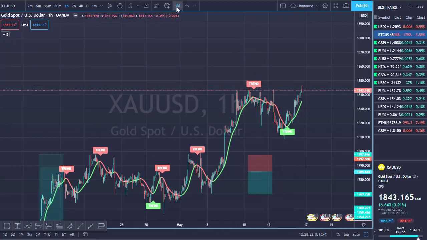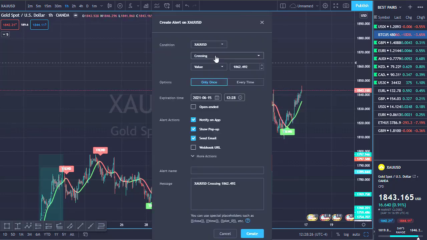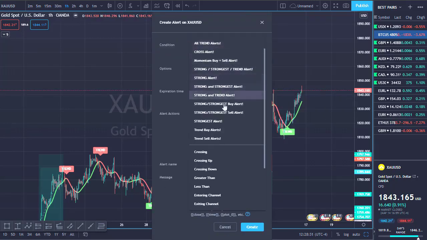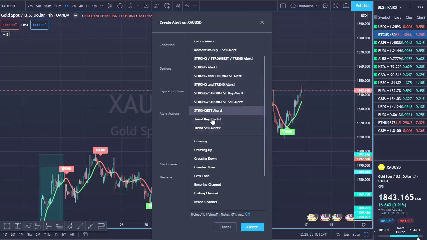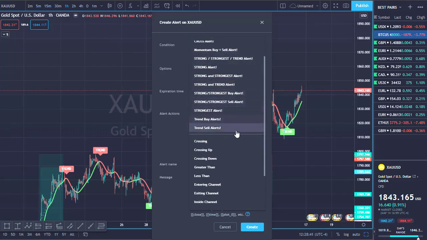And by the way, you can actually set alerts. So if I want an alert, I just go add alert, and I say PulseX Premium, and I just select, let's see, where is it? Well, there's supposed to be a trend all alerts, but for some reason this version doesn't have it.